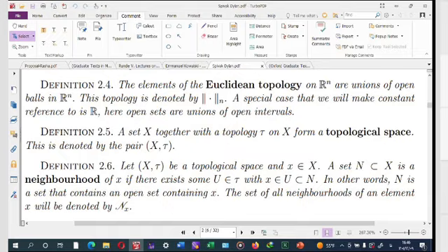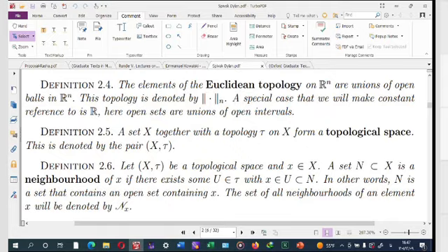And also we have this definition: let X and tau be a topological space and x belong to X. A subset n of X is a neighborhood of x if there exists some element U in tau with this property: x belongs to U and U is a subset of n.